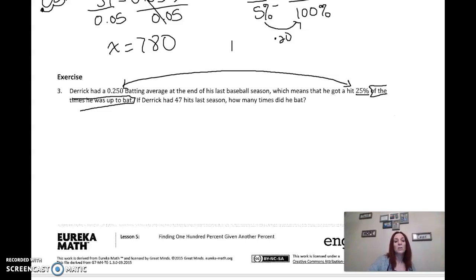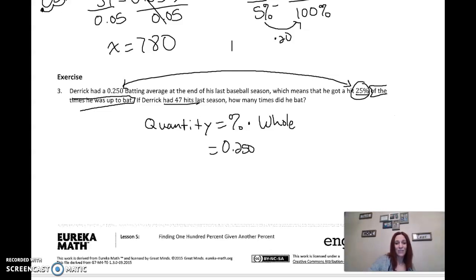So we want to do like we have been doing. Quantity equals percent times whole. Find your percent first because it's the easiest. 25%, which is basically 0.250.